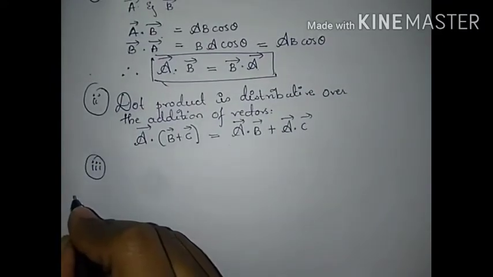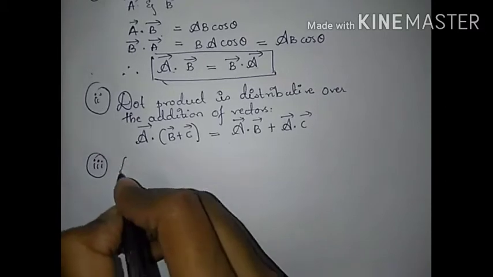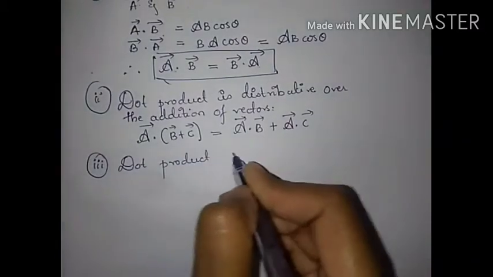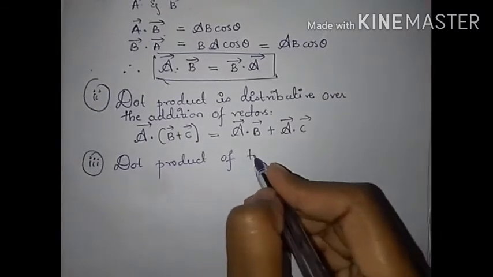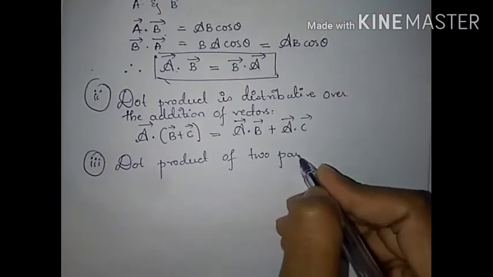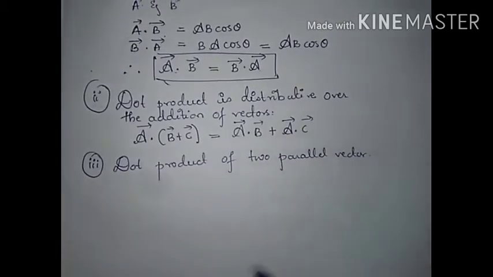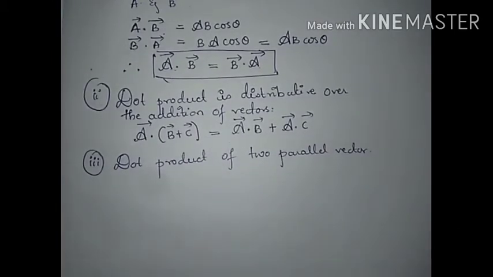The third property is the dot product of two parallel vectors. You have two vectors which are parallel to each other.